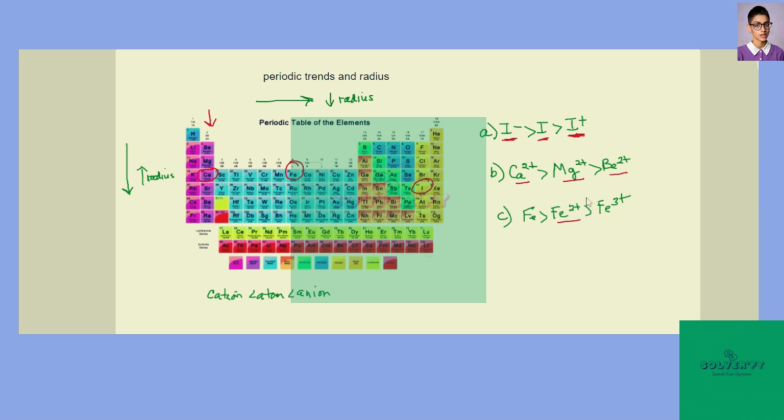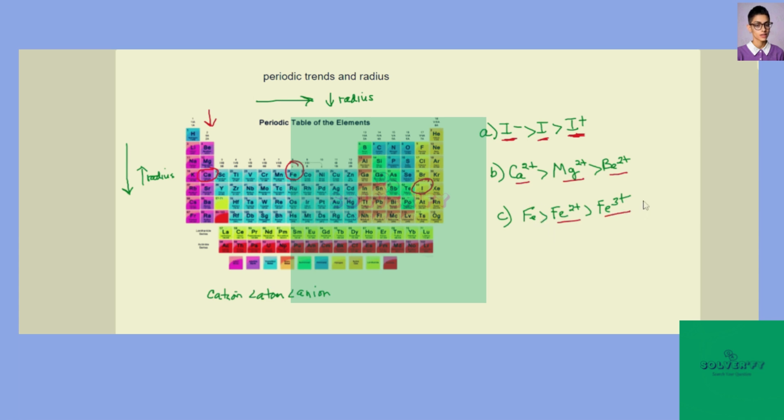Babysitting effect again. We now have fewer kids or electrons to have to account for, so the remaining electrons that are there are capable of being held more closely to the nucleus, and that results in a smaller size for iron 2 plus as opposed to its atomic form.